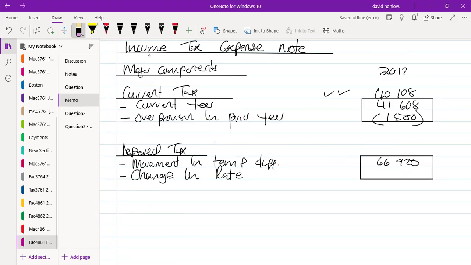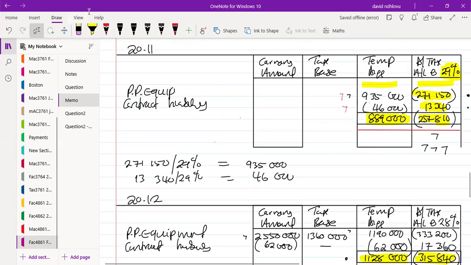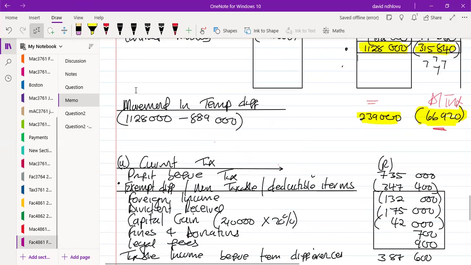We here. Right, so now this movement that we have has ignored the change in rate. Right, if you go to this calculation here, remember this is the temporary difference in the prior year. This is the temporary difference in the current year. So therefore, we have taken the current year's temporary difference minus the prior year, then we multiplied that by 28.